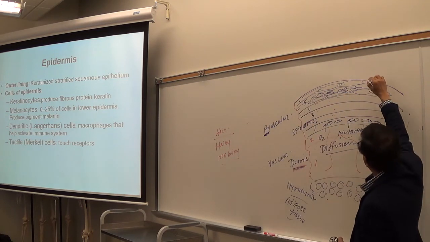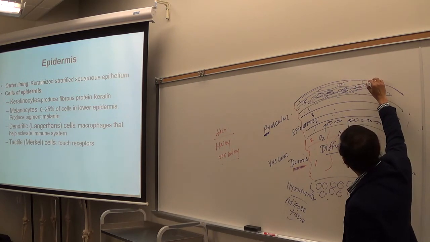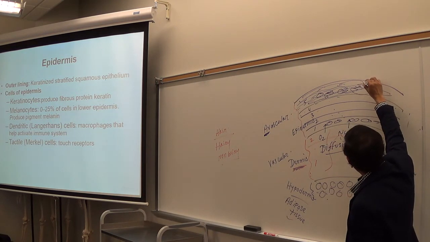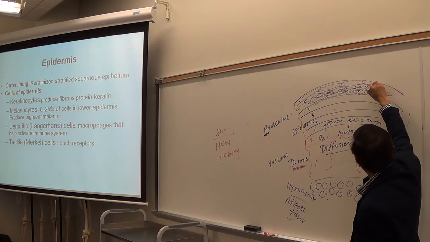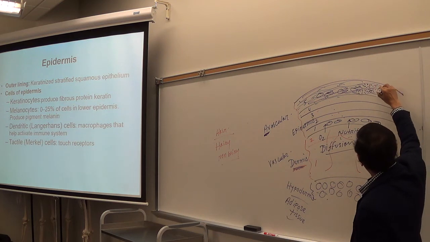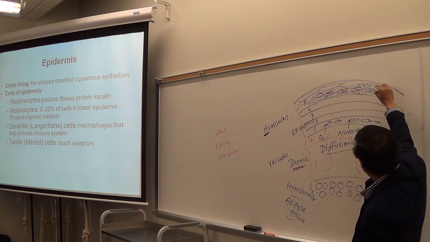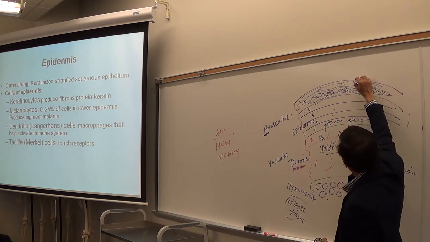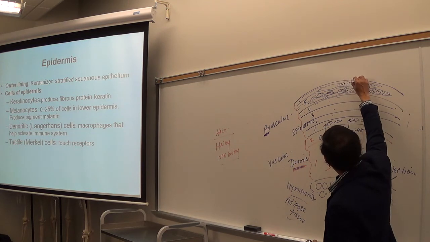And most of these cells are dead cells, but they are filled with keratin. You remember I mentioned when I talked about mechanical protection, I said two chemicals, keratin and glycolipids. The keratin fills these squamous cells.